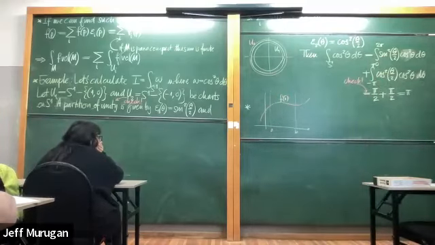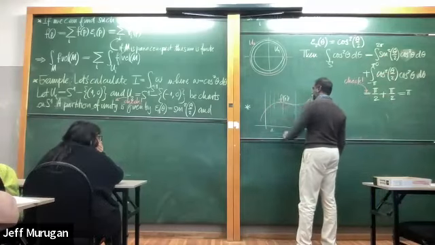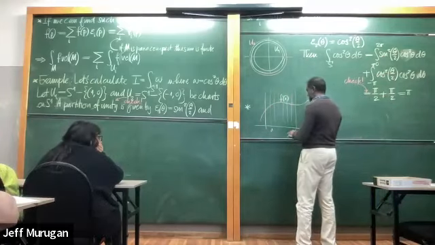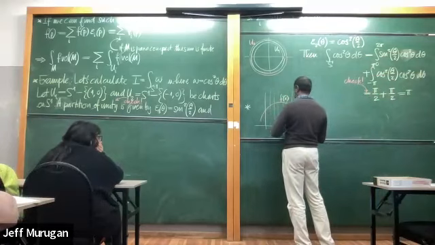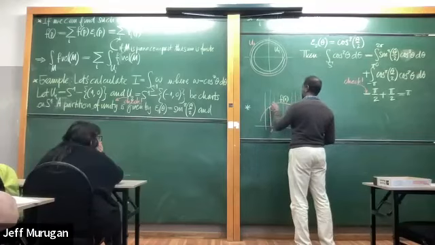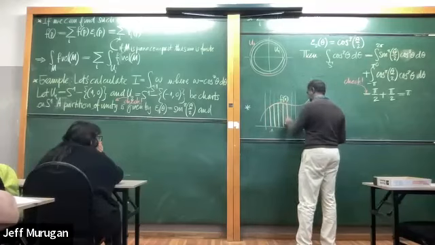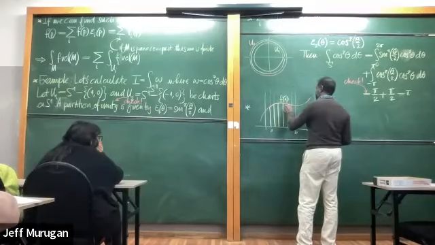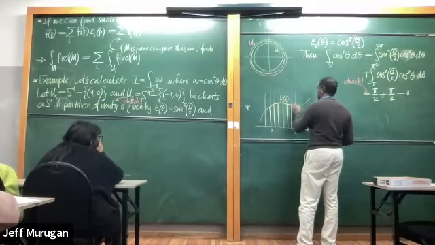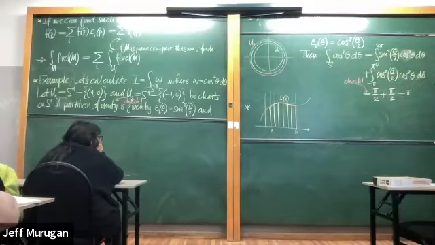What you did there was take this region and break it up into pieces, such that on each piece you have a polygon, whose area you know how to calculate. That gave you an approximation of the area under the curve, the area under the curve being the integral.